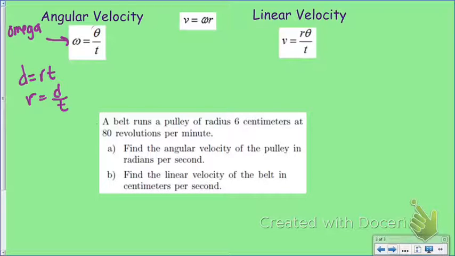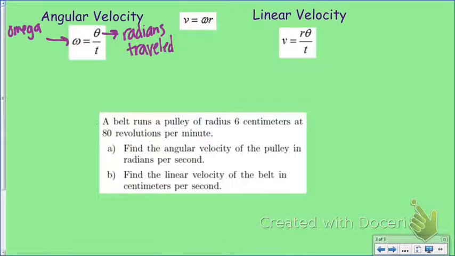Because it's angular, we're looking at the distance traveled in terms of radians in a circle. So this theta value is the radians traveled in that amount of time. And you'll see that in questions listed mostly as revolutions. Okay, revolutions.